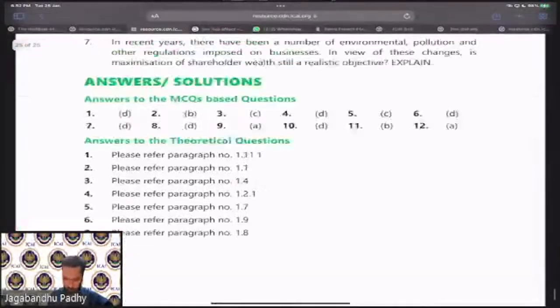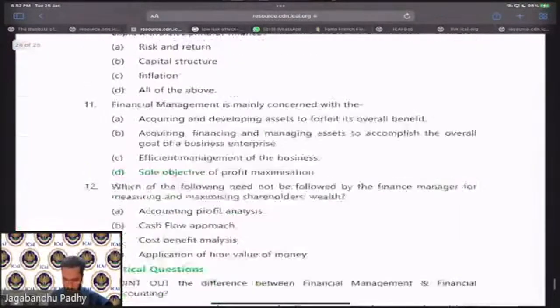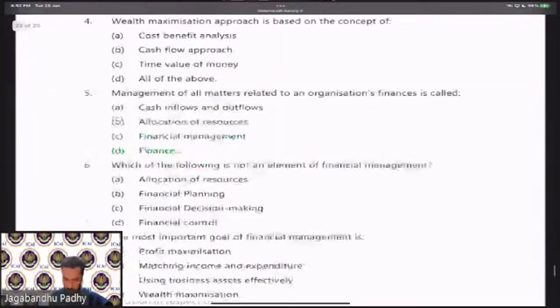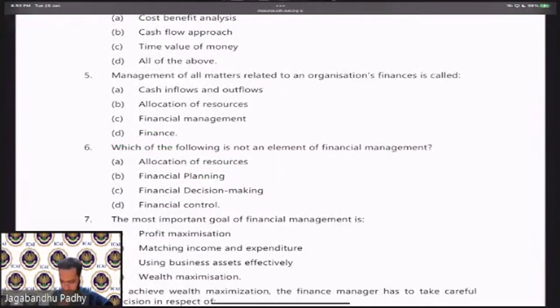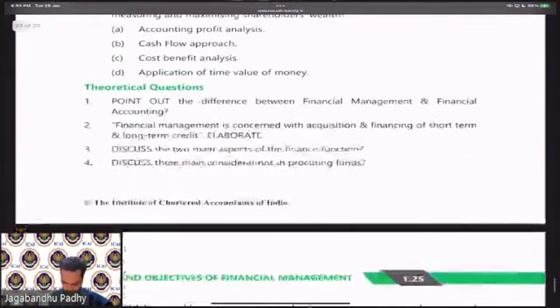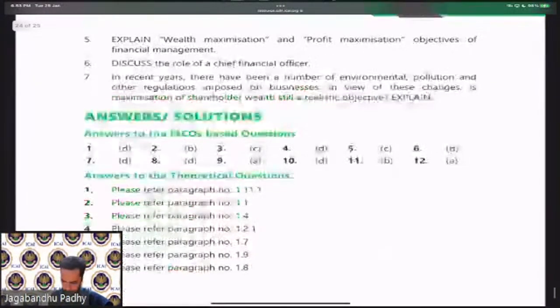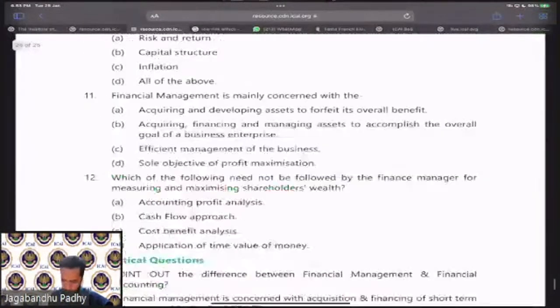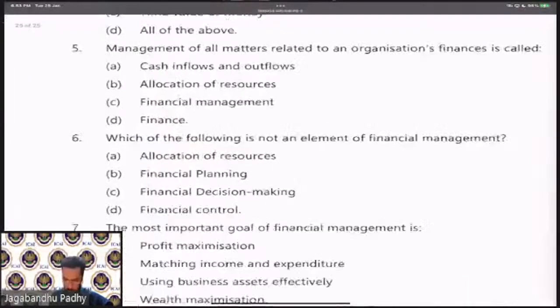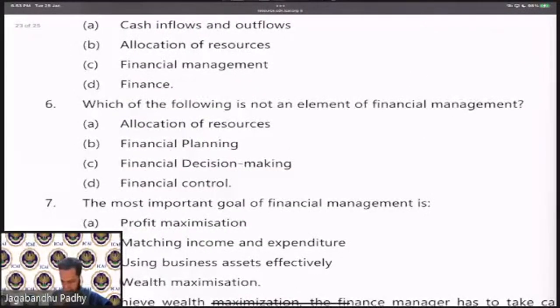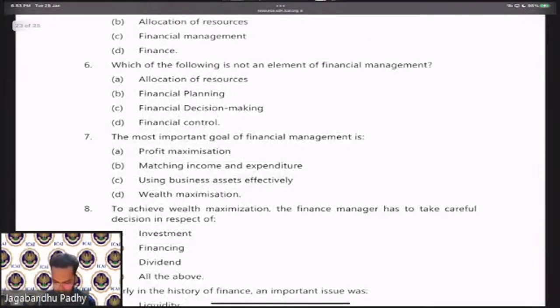What's there in this MCQ number 6? Which of the following is not an element of financial management?